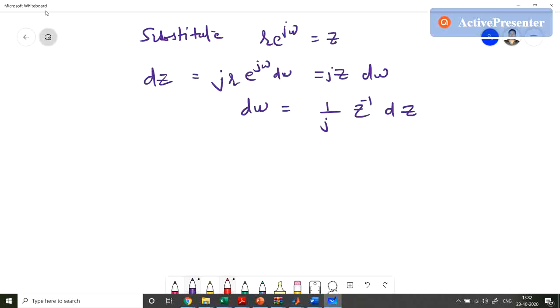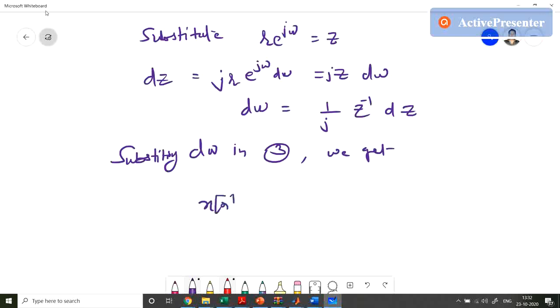Now we can substitute this d omega value in equation 3. Substituting d omega in equation 3, we get x[n], that is the discrete time signal.